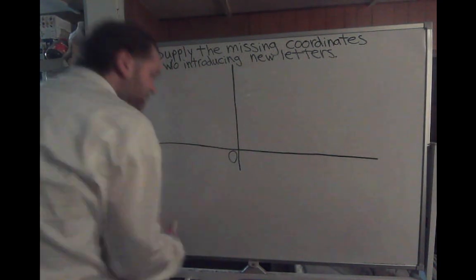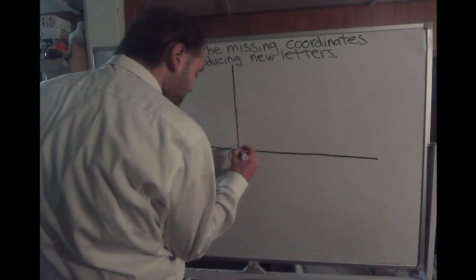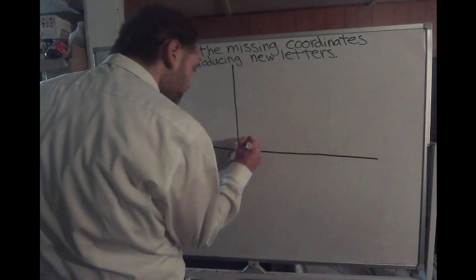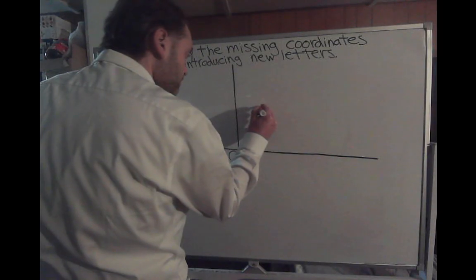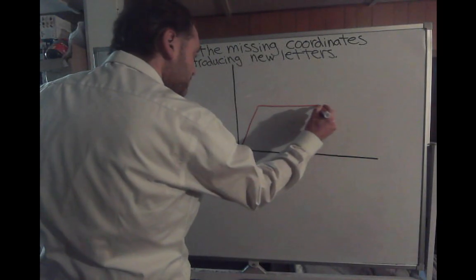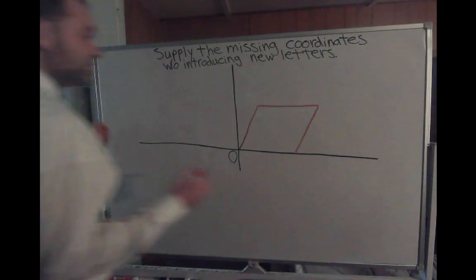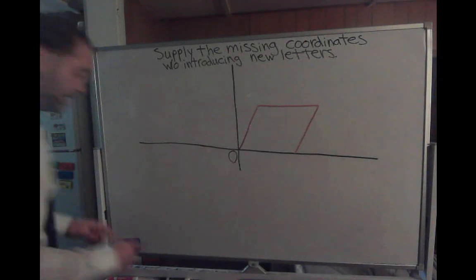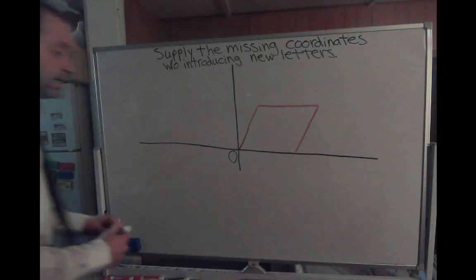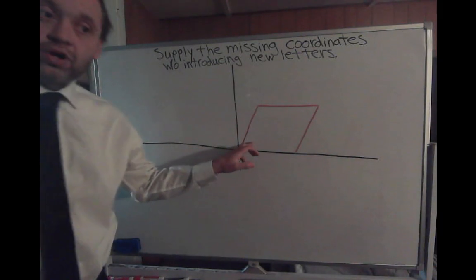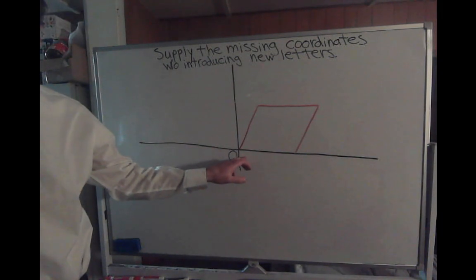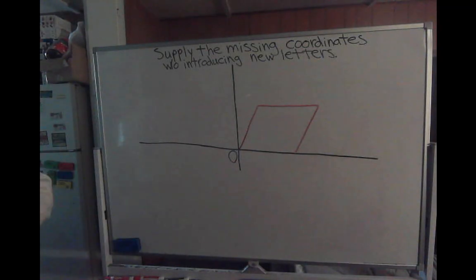Let's draw in red for the shape so you can see it better. Alright, so this time we have a parallelogram. Now, the bottom left corner of the parallelogram starts at 0, 0 at the origin.